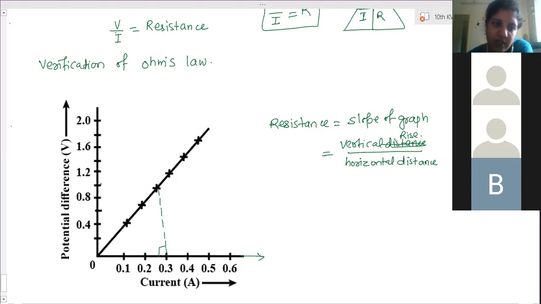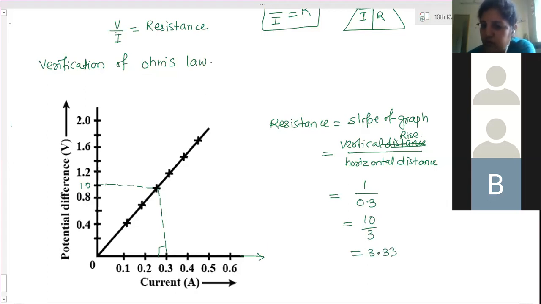So for example, this is 1.0. This value is 1 and the base is 0.3. So this value is 1 divided by 0.3, that is 10 by 3, which means 3.33.